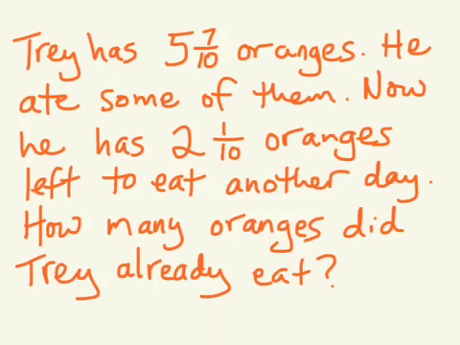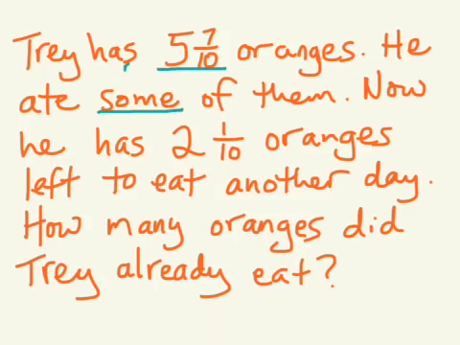All right, let's look at some of the keywords that we need. Sometimes when we see a word problem, it can get kind of overwhelming. So it helps to underline or highlight the keywords that we need. Like 5 7/10. We know he started with that many oranges. He ate some of them.